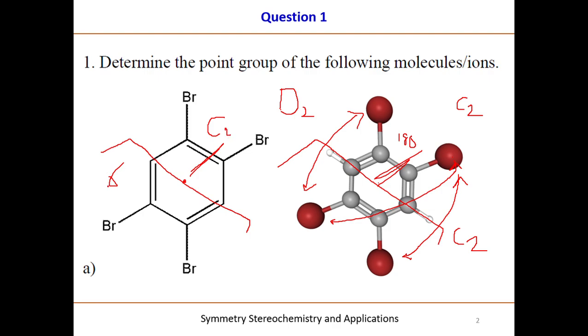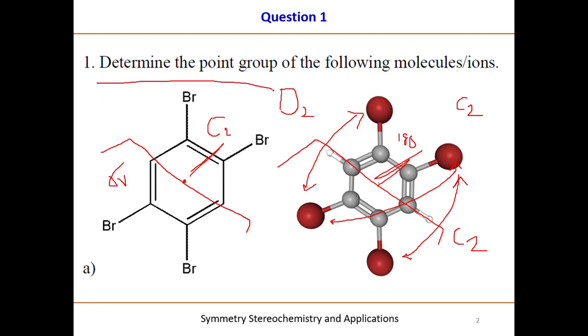That means this plane is parallel to this C2 axis. We are passing this plane parallel to this axis. That means this is a sigma v plane.